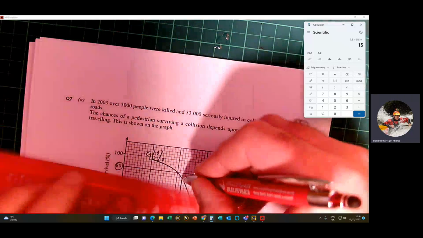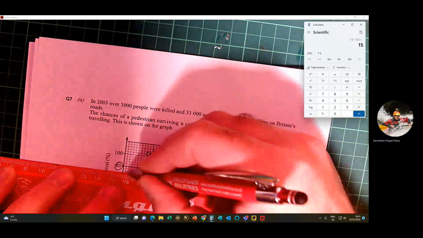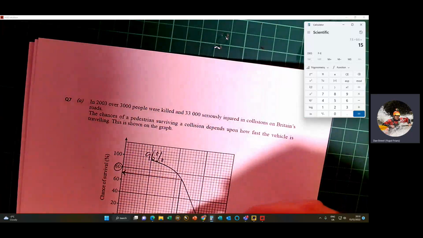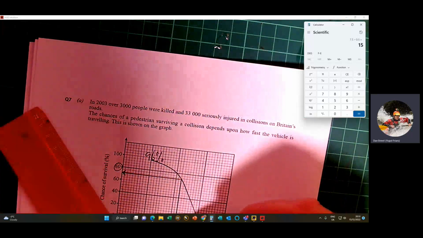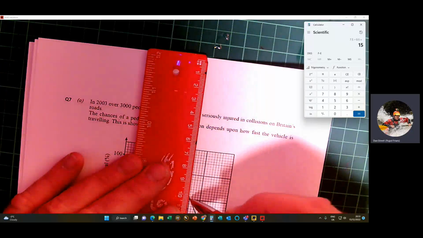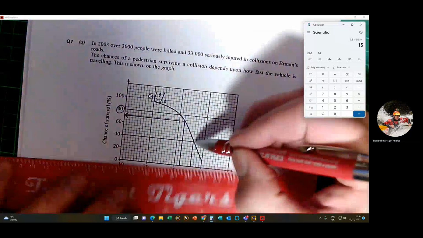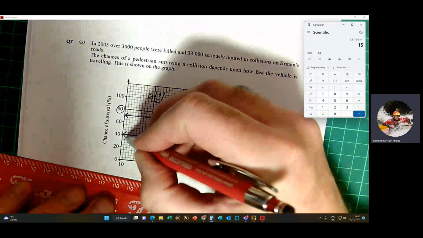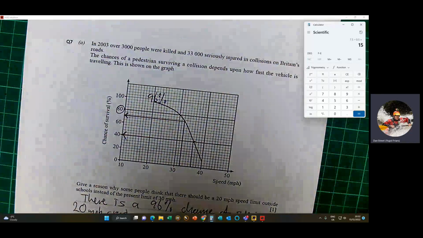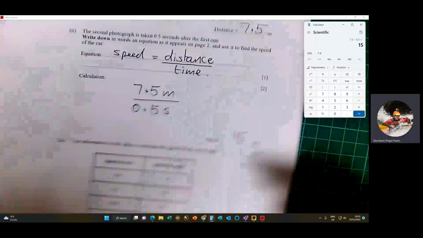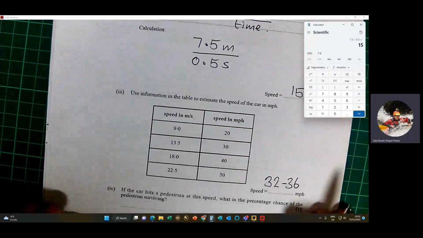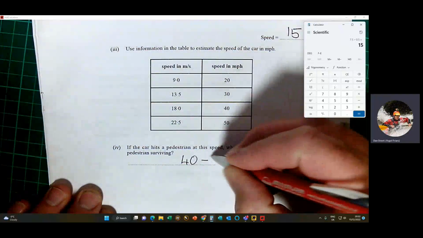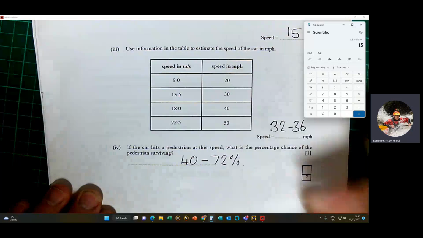If we transfer that across to the percentage chance of surviving, which is here, and then 36 is there, so your value will depend upon the answer you gave in the first part. And that is pretty much exactly 40%. So between 40 and 72% chance of survival, depending on what you got for the previous question. So 40 to 72% chance of survival.